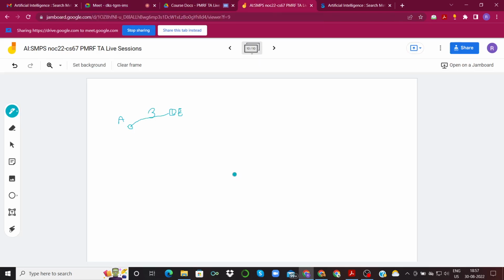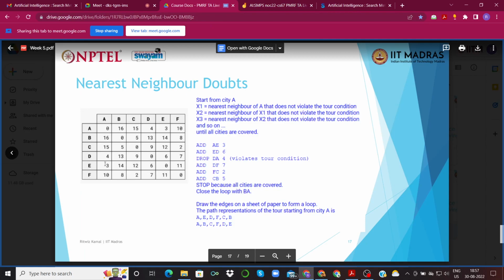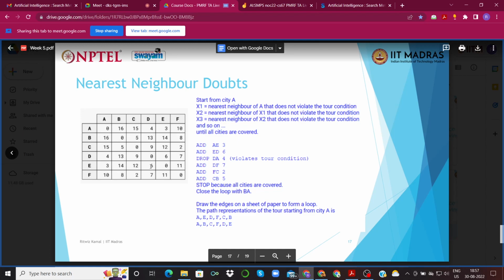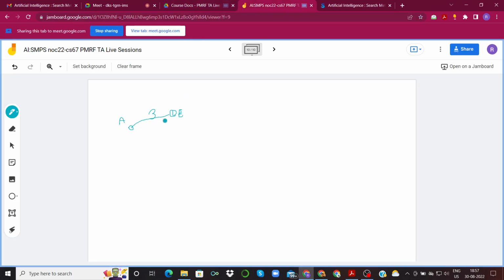We will select D because, although this 3 appears to be one of the options, it's not a valid option, since that would make us end up going back to A, which we don't want. So we'll select ED with cost 6 and add that edge.